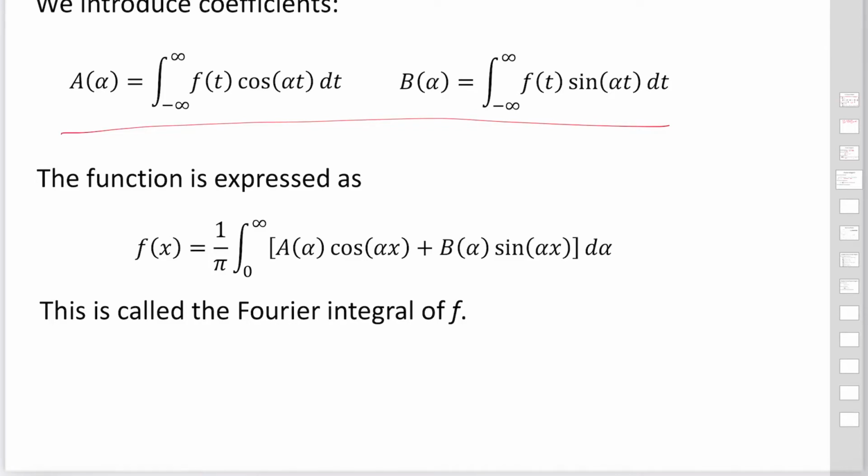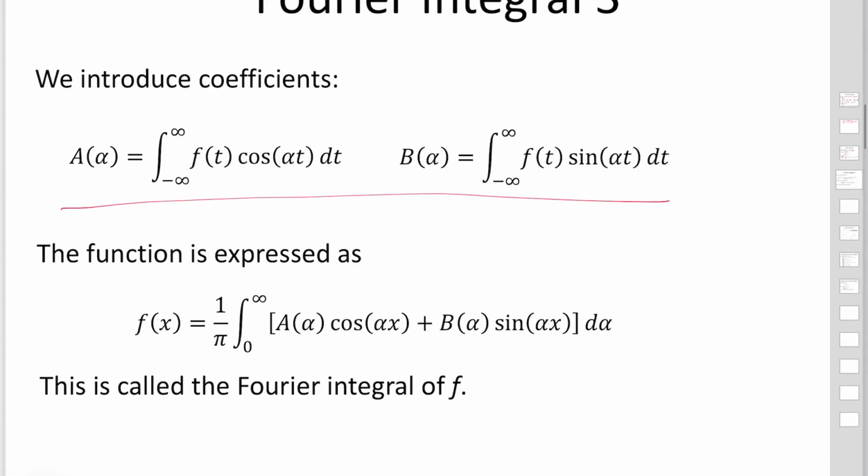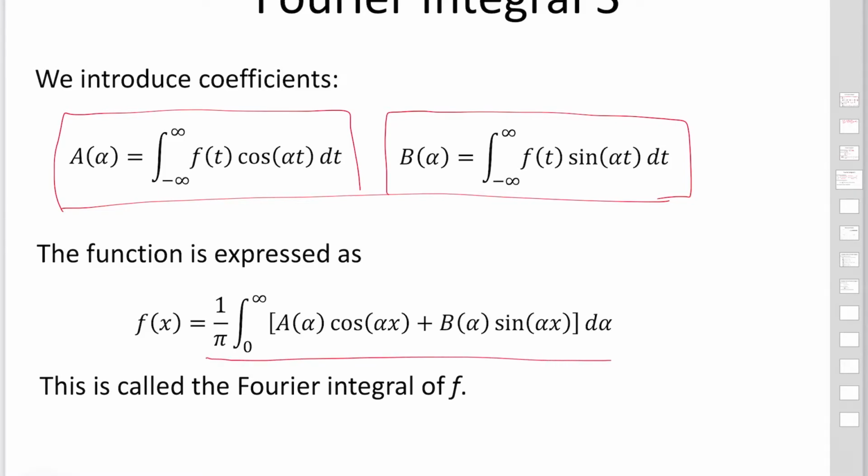This is called the Fourier integral of f. You can calculate capital A using the first equation, and for capital B, you can use this calculation. By using capital A and capital B, the function is expressed with trigonometric functions and an integral. So we call this the Fourier integral.